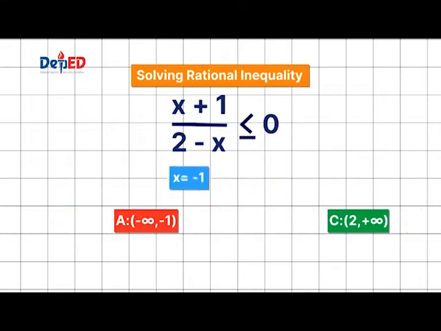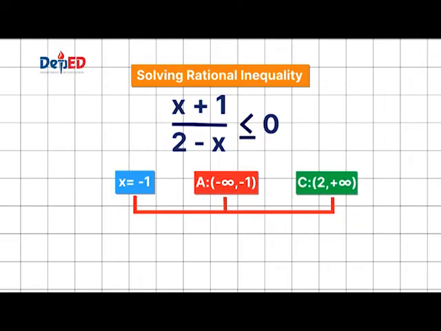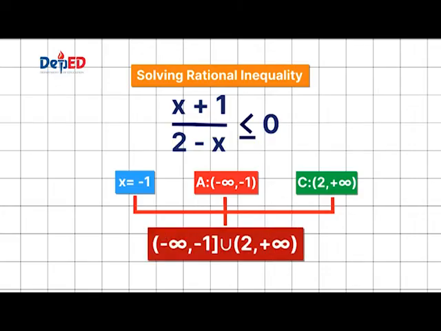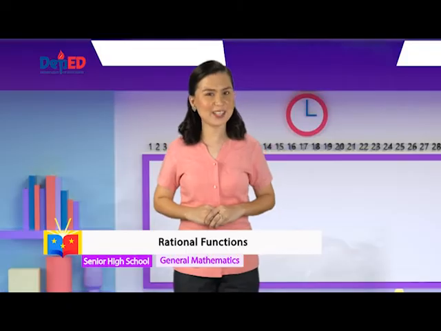Thus, the solutions are x = -1, interval A, and interval C. Combining all this, we will have the set containing values from -infinity to -1, where -1 is included, union with the set containing values between 2 and +infinity. That is solving rational inequality.